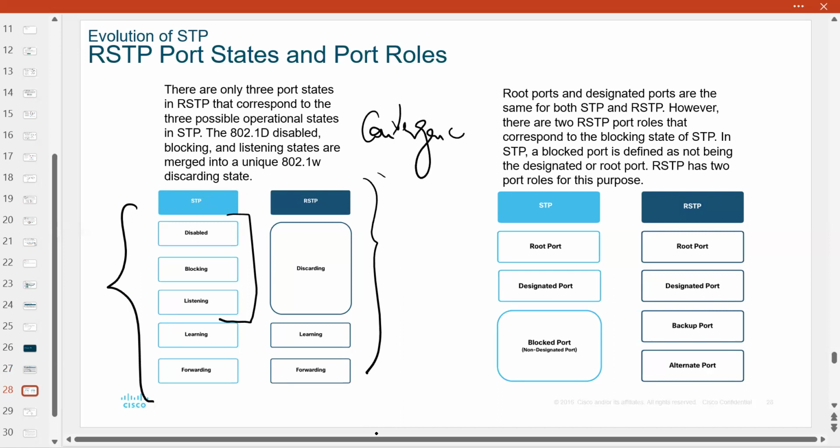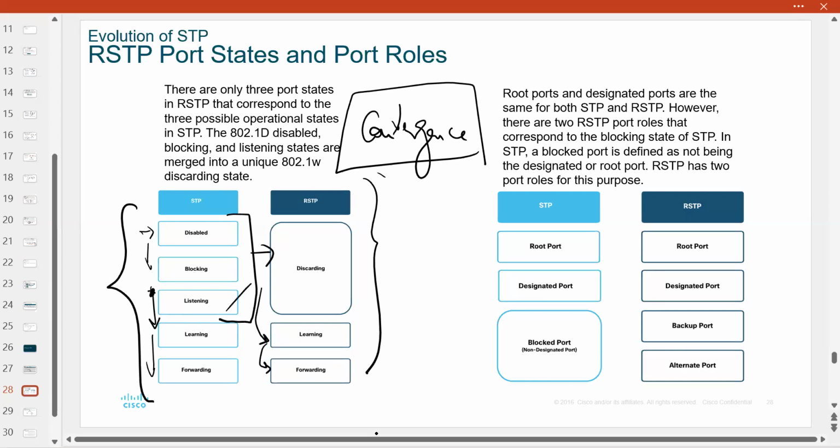That's the whole idea. Instead of having all these states, in STP the interface goes from shut down, then activated, to the blocking state, then listening, where it receives BPDUs, then moves to learning, where it learns MAC addresses, then starts forwarding. In RSTP, we don't have that. It starts at discarding first, then learns the MAC addresses, then starts forwarding.